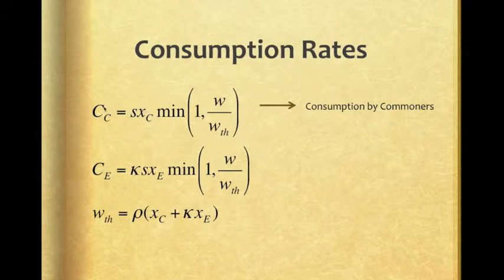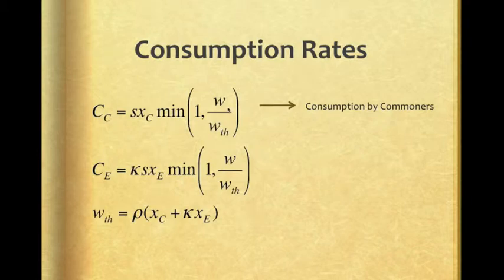So the total consumption by commoners is proportional to the population of commoners times S, which is used to express a salary per capita. Now we're translating this into monetary value. And then the minimum between 1 and this ratio, again, of wealth by some threshold wealth.